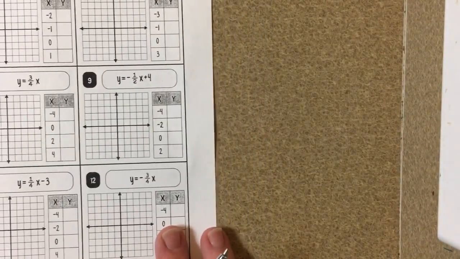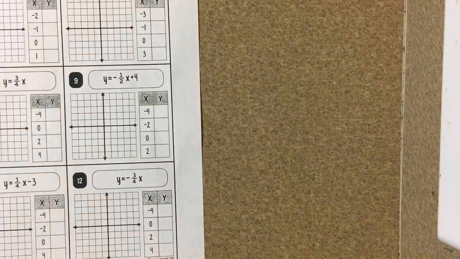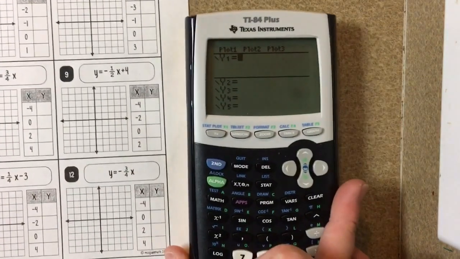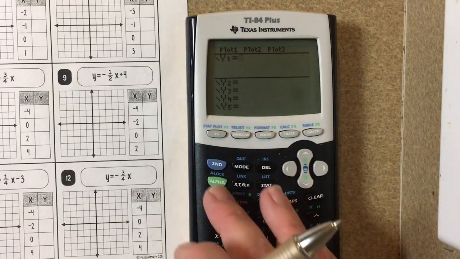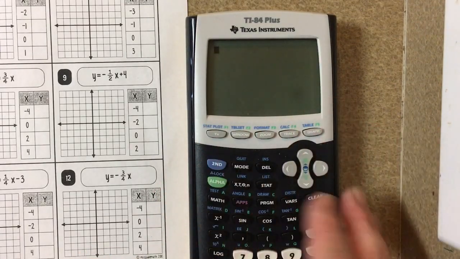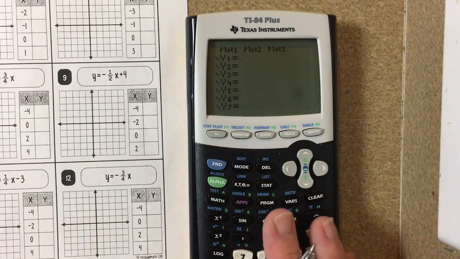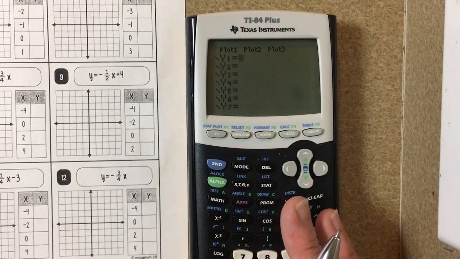All right, so we are going to look at question number 9. Okay, question number 9, y is equal to negative 1/2 x plus 4. So we're going to go ahead and go to y equal.